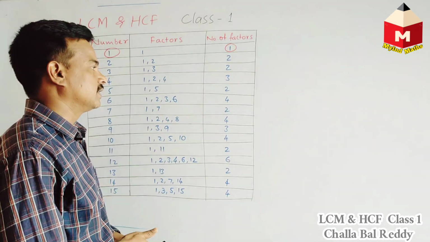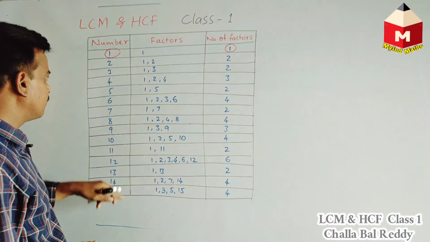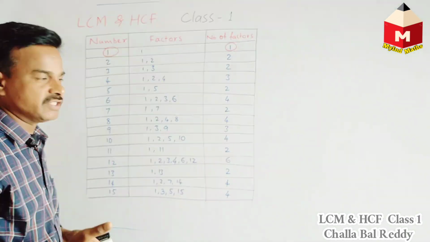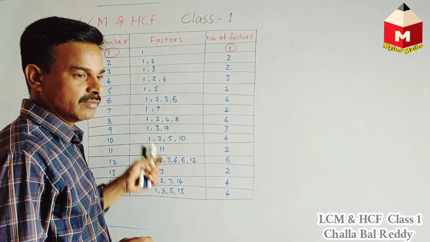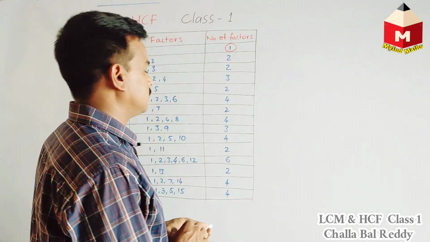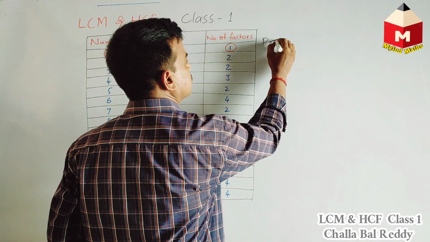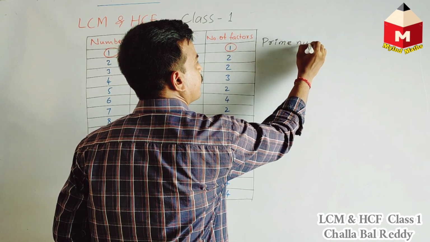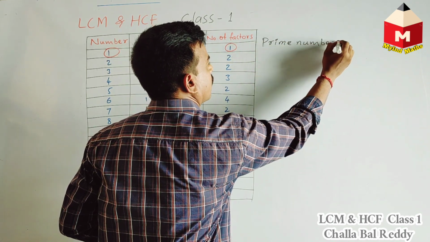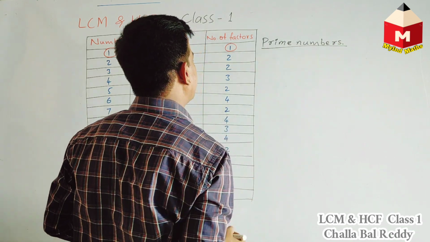Here we classify the natural numbers into 2 classifications. One is prime numbers, another one is composite numbers. What are the prime numbers?